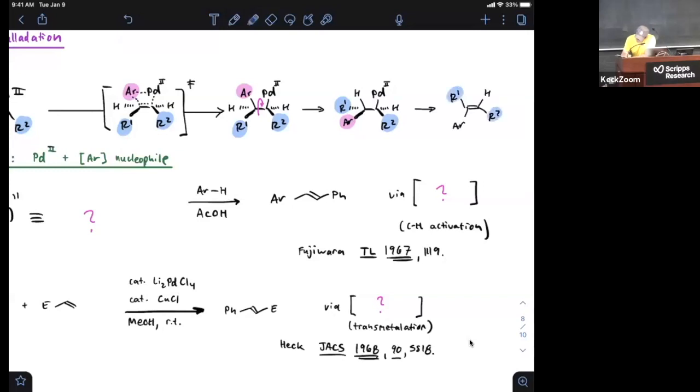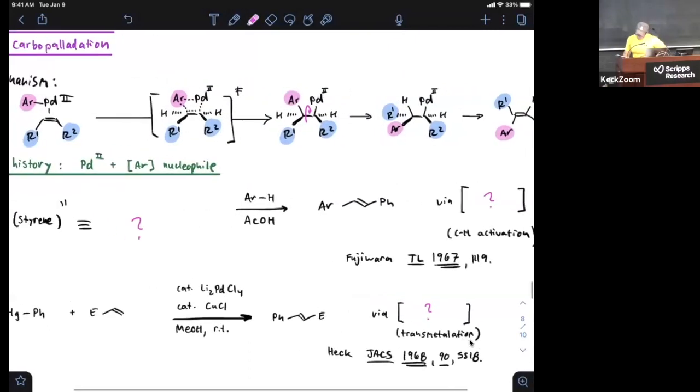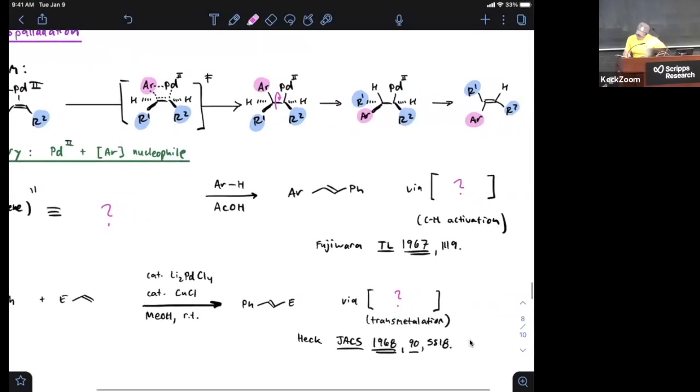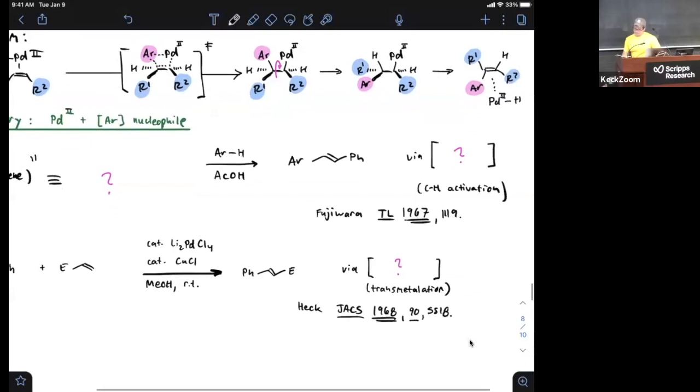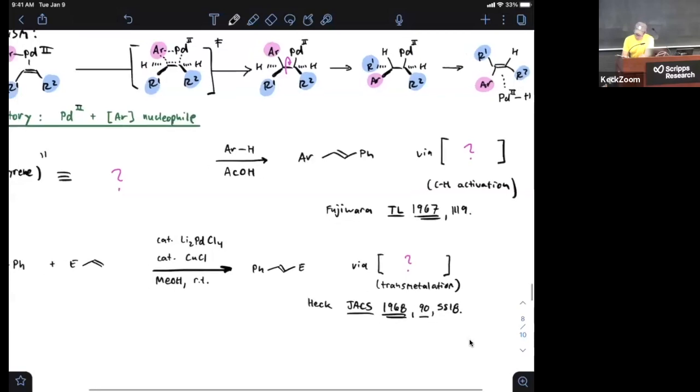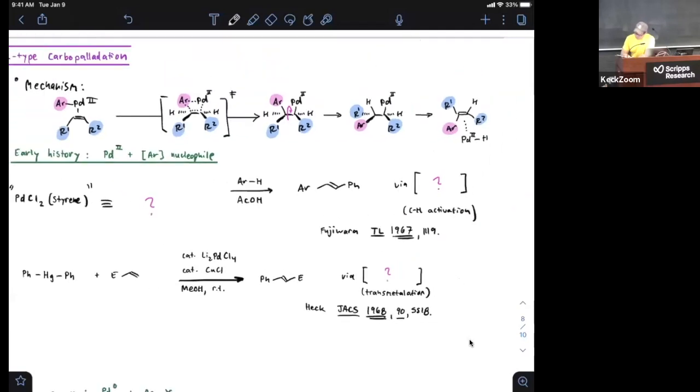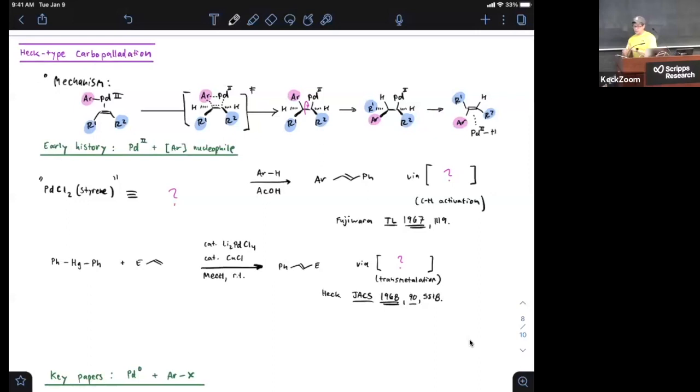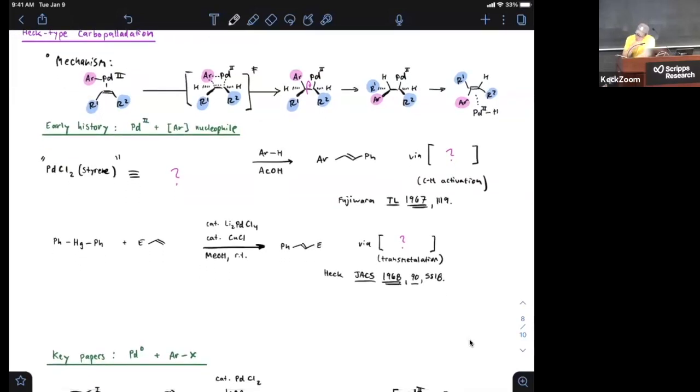They're now in a trans relationship with respect to each other, whereas in the starting material, they were in this relationship. The byproduct here is palladium hydride, which we'll draw bound here. In the presence of base, this will be quenched to give a palladium(0) species. Okay, very good. So one of the signature features of a Heck-type reaction is this inversion of the alkene stereochemistry. That's important to be aware of.